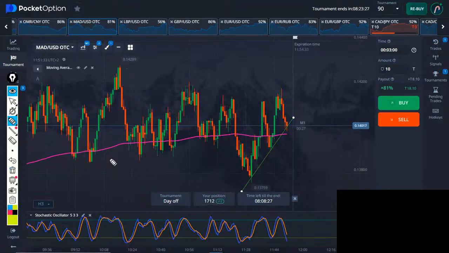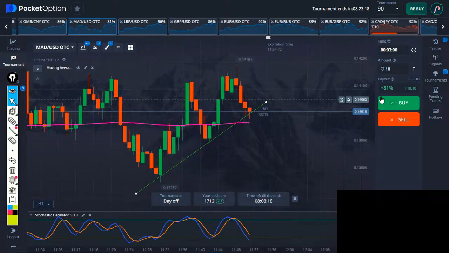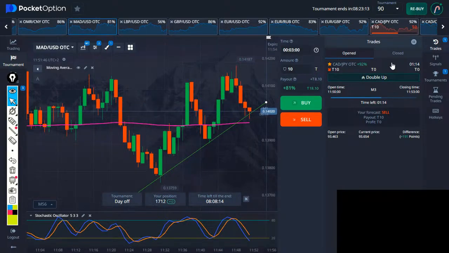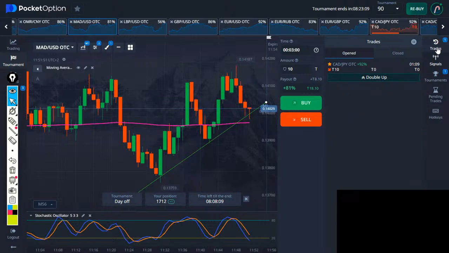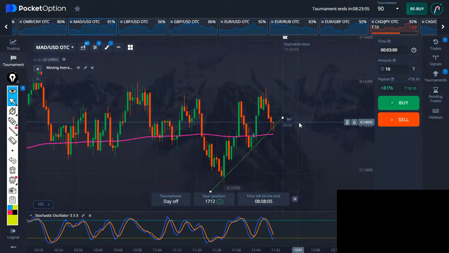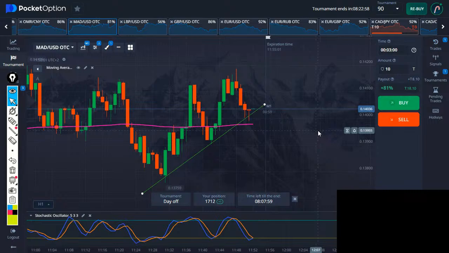Oof, I took a $10 trade. Nope, I shouldn't have done so, no problem. This one is gonna be a loss. Take a buy here.